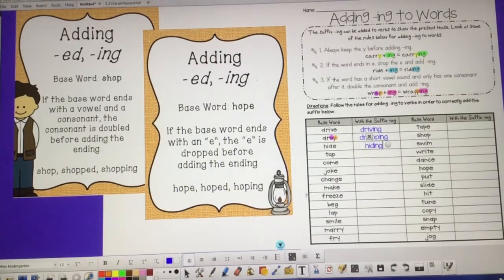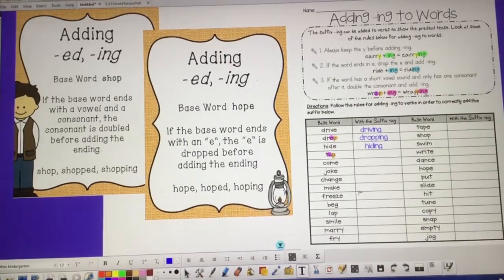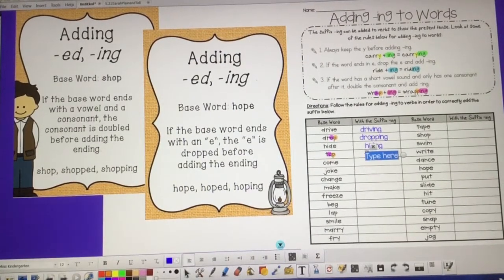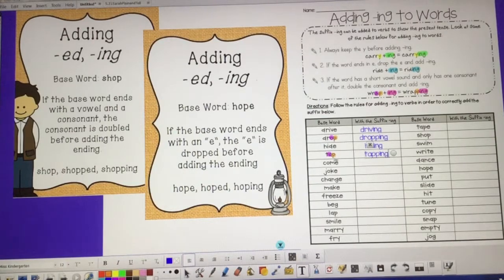Tap. Ooh, tap. Not tape, but tap. So I have a vowel, then I have a consonant. So I'm actually going to double that P, right? So TAPPING. Come, we've already talked about it, ends with an E. That's rule number 2.